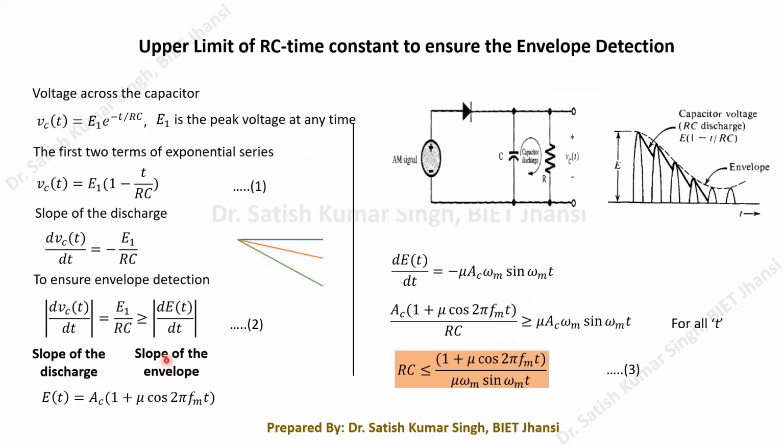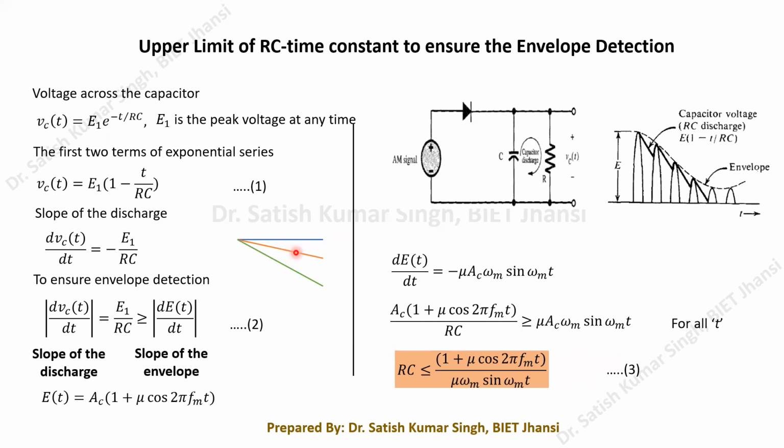The rate of discharge, or slope of the discharge of our capacitor, has a magnitude that is greater for this green line, because it makes more angle from this horizontal line. The slope of this green line is more than the slope of this orange line.